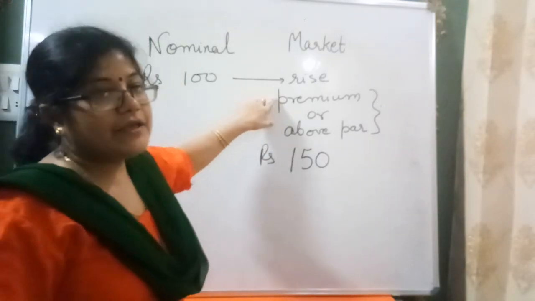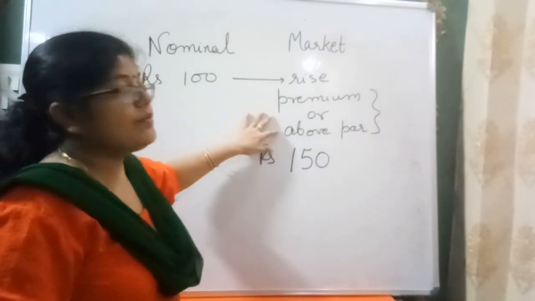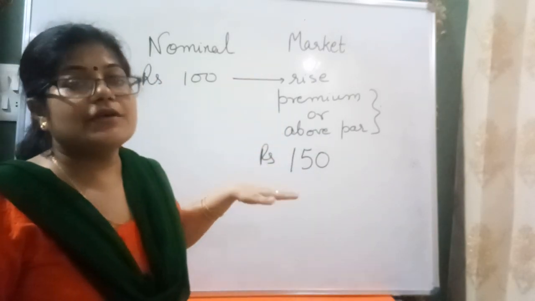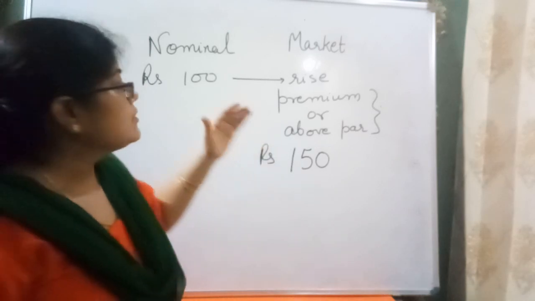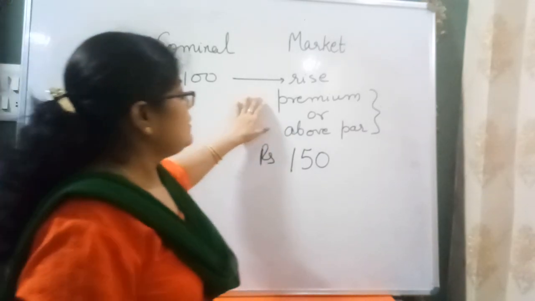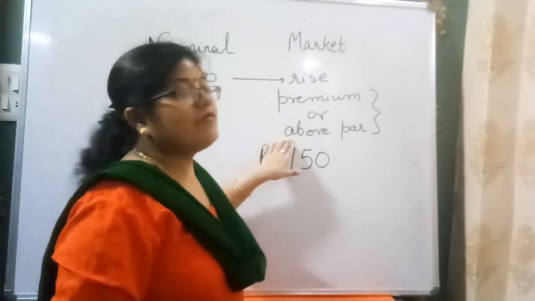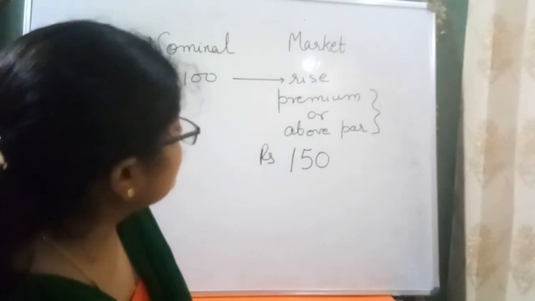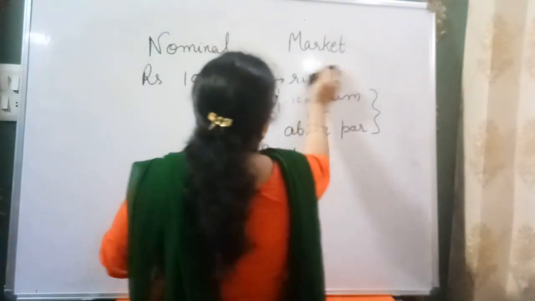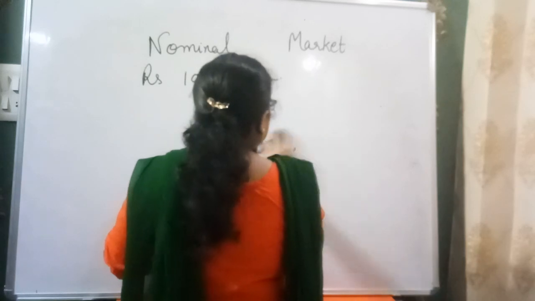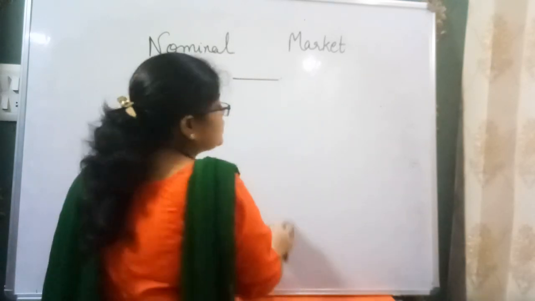Now, I think you clearly understood what is premium and above par. That means when the price of the share increases in comparison to the nominal value, then it is known as above par. And in the second case, just see the second case, sometimes the price of the share sees a downward movement.